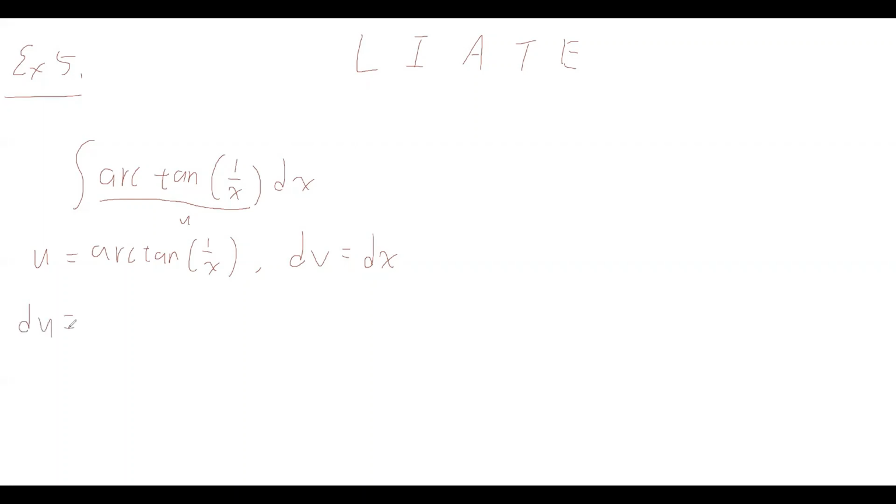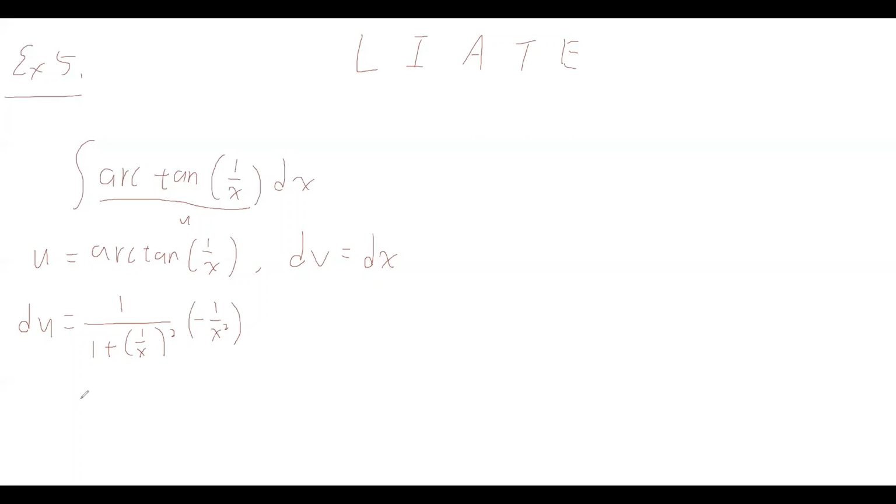Now, the derivative of a lot of the inverse trig functions can be quite annoying, so feel free to check your old notes or any website that gives you the derivative of any of the inverse trig functions. So that's going to be 1 over 1 plus (1 over x) quantity squared, multiplied by its chain rule, which is negative 1 over x squared.